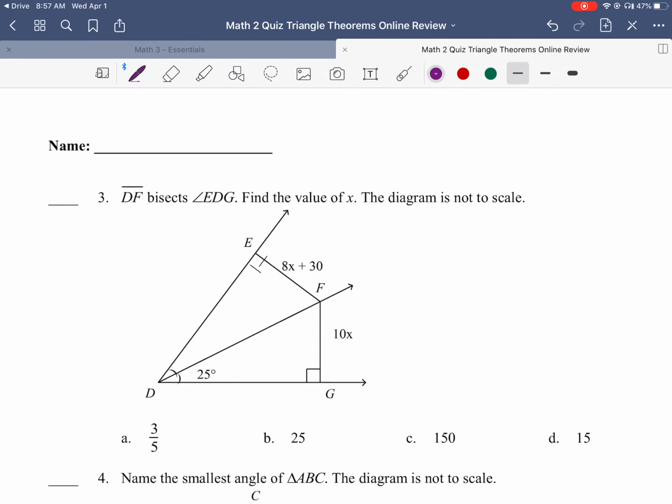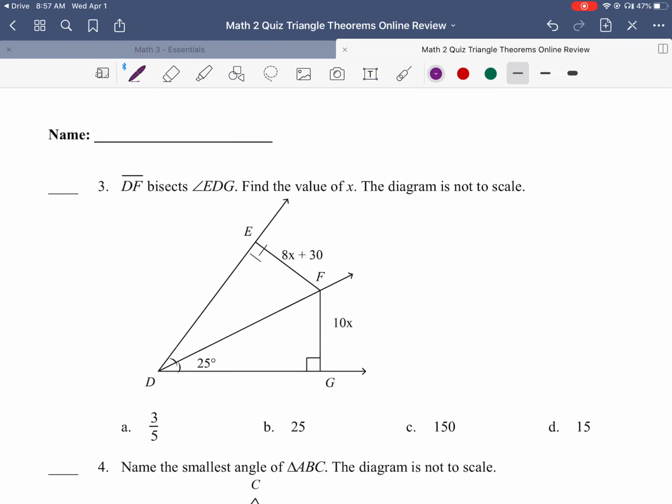Okay. Question 3. DF bisects angle EDG. Find the value of x. So again, this segment right here is an angle bisector. Remember, in angle bisectors, it makes the two angles created equal. It also makes the lines equal from the sides.